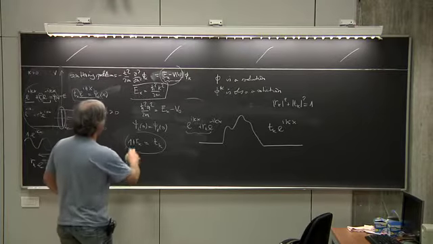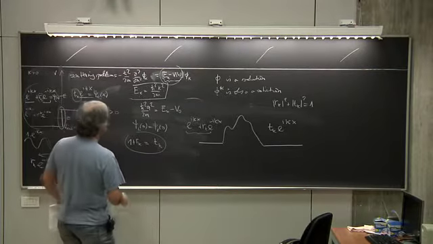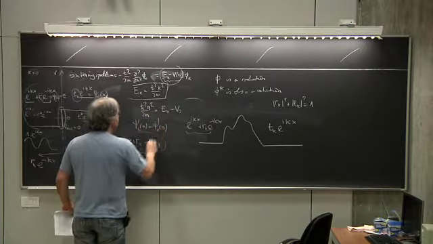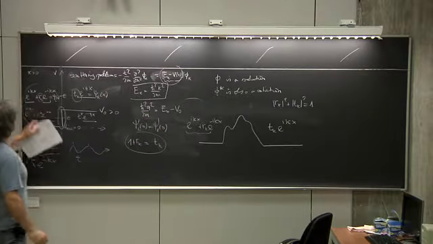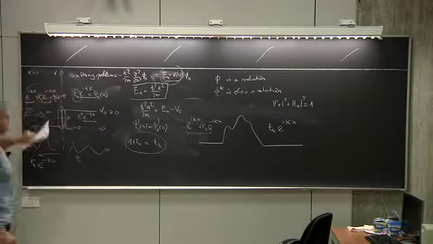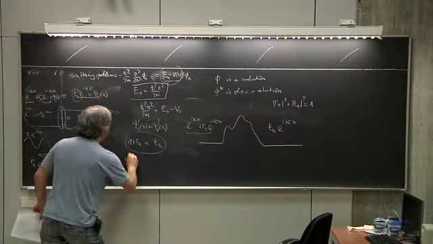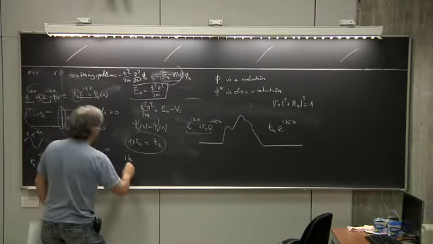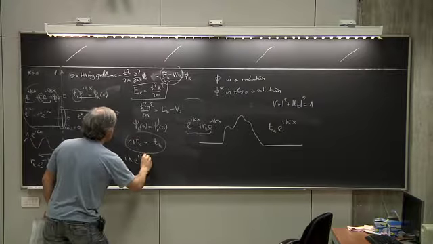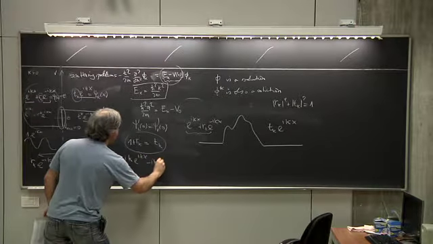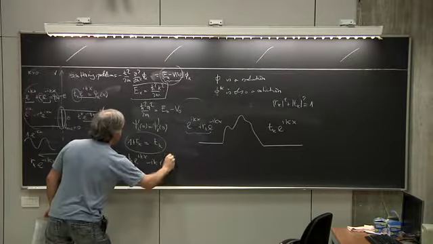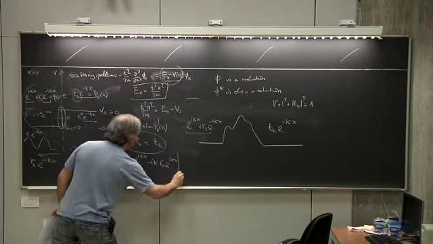Okay, so this is the first equation. The second equation has to do with the derivative being matched. The derivative brings down ik. So you have ik e to the ikx minus ik Rk e to the minus ikx evaluated at 0.